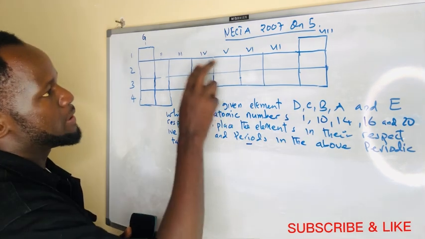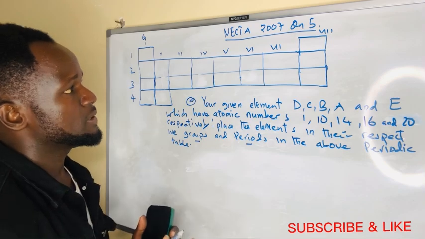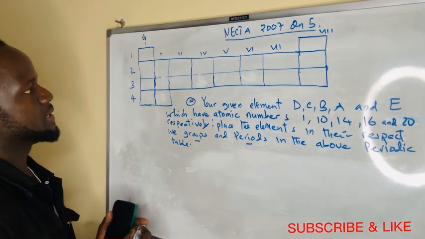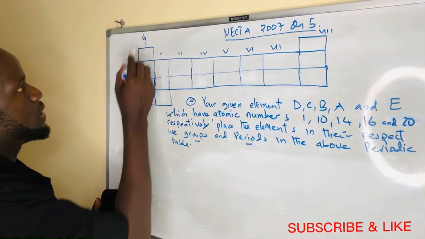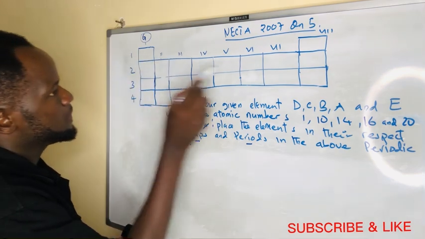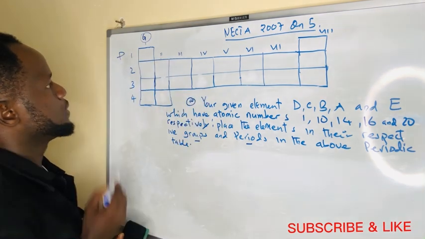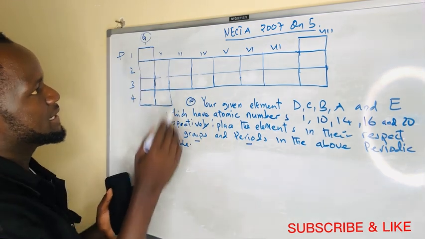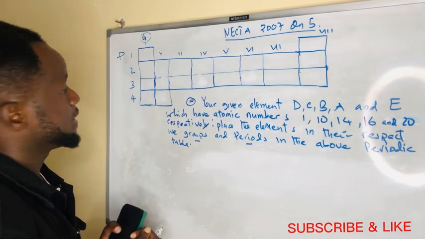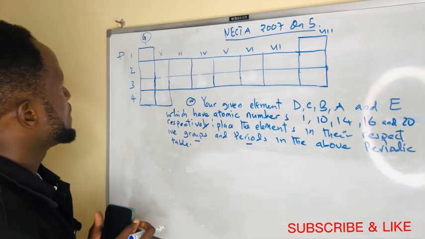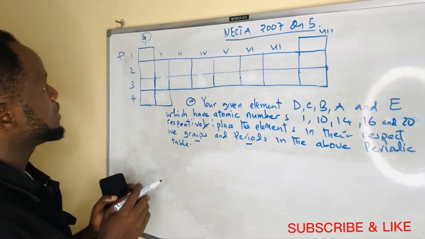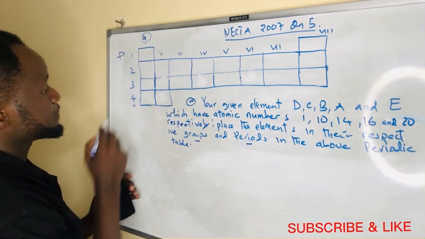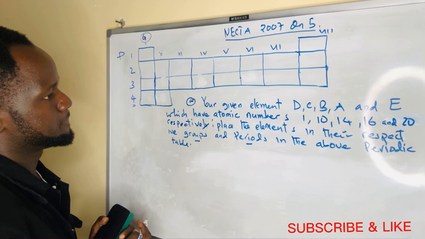Let me talk a bit about the periodic table. It has two important things, which are groups and periods. We have vertical columns, which we call groups, and horizontal rows, which we call periods. Groups are always written in Roman numerals, and this mini periodic table has 8 groups. Periods are always written in digits, and this mini periodic table has 4 periods.